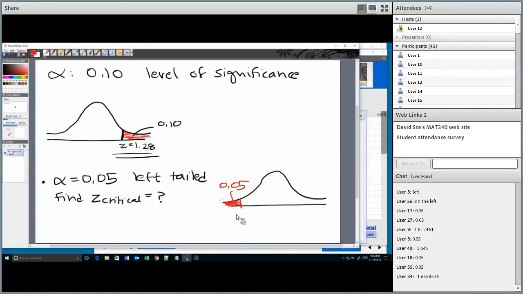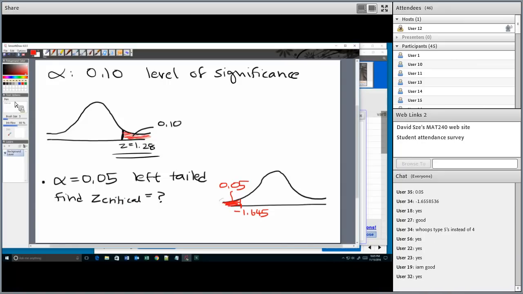So that's my z, this value here, minus 1.645. Very good. So are we okay with if I give you an alpha and I tell you where the tail is, if it's on the right or the left, you should be able to calculate the z critical value.